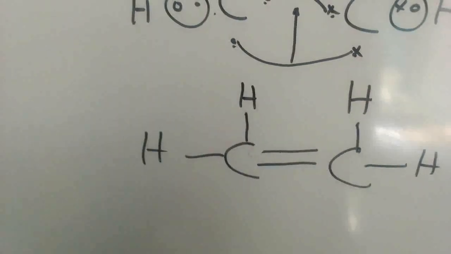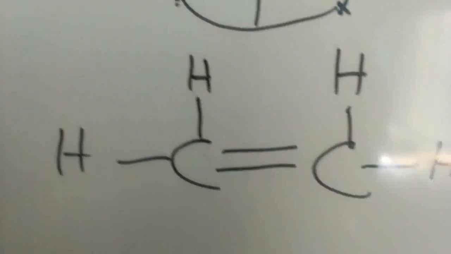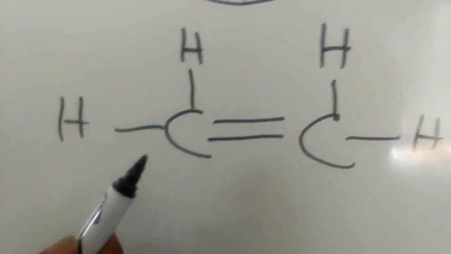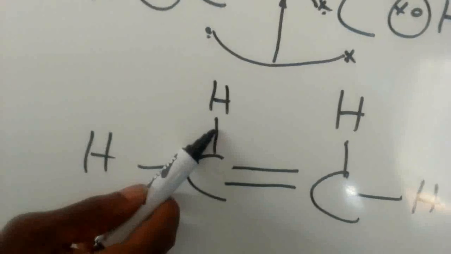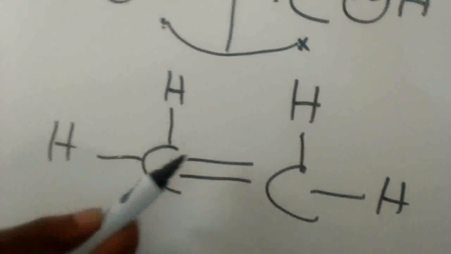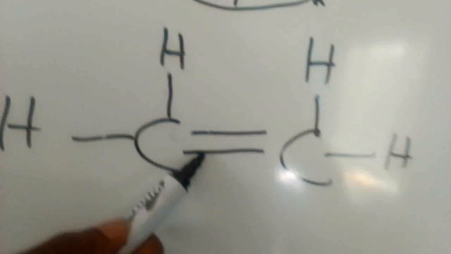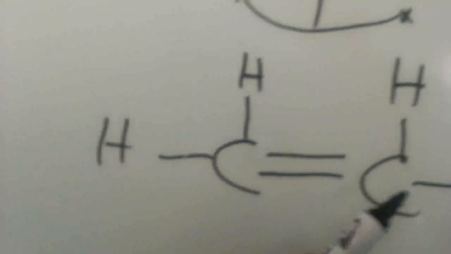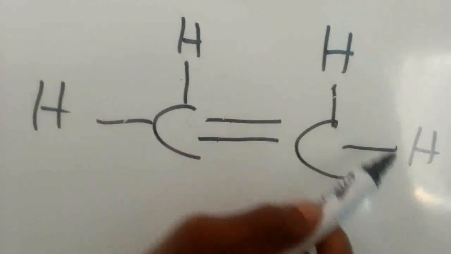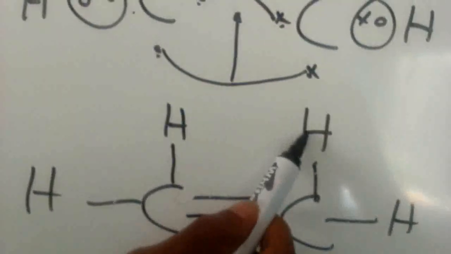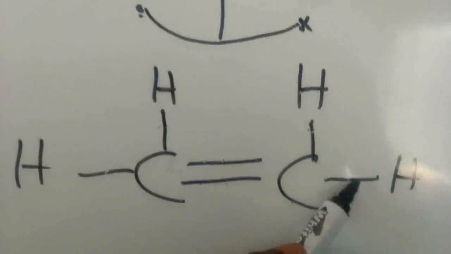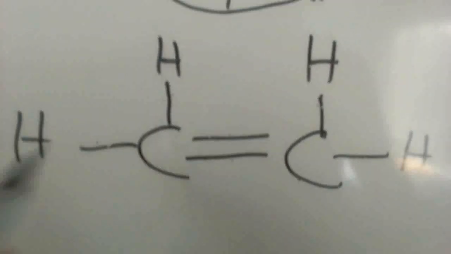As you can see, carbon has satisfied the octet, its tetravalency. A bond is 2 electrons: 2, 4, 6, and 8, so 8 electrons on this carbon. For this other carbon, 2, 4, 6, and 8 as well. While each hydrogen atom satisfies the duplet state, with 2 electrons.